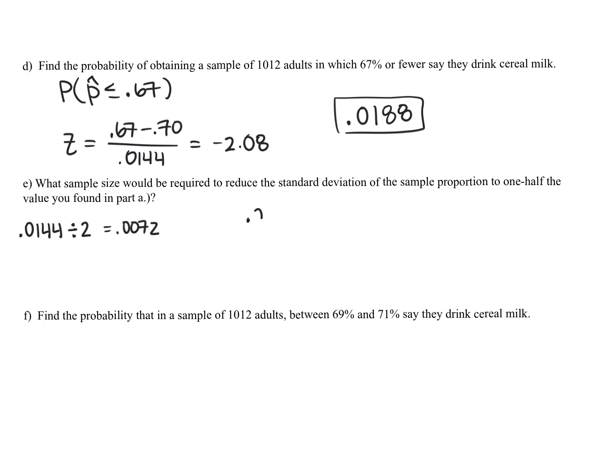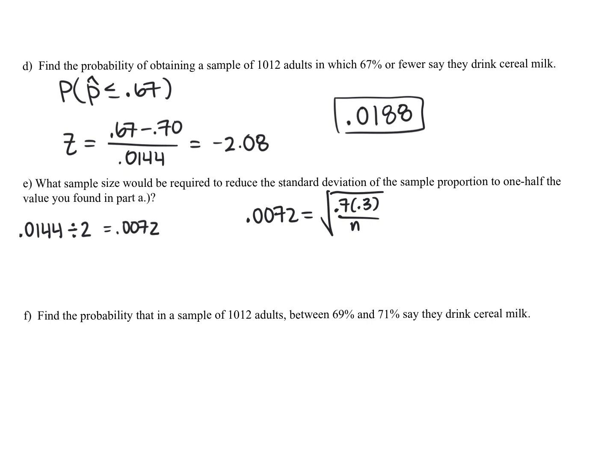So we're going to use our formula. 0.0072 is our standard deviation. And we know the formula is the square root of 0.7 times 0.3 all over n. So we want to know what value of n results in 0.0072. So the first thing we want to do is get rid of that square root.